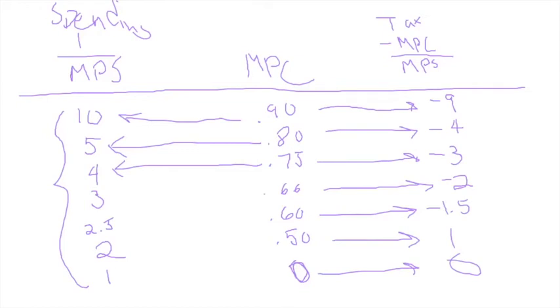The tax multiplier using the same marginal propensity to consume is always 1 less than the spending multiplier. If your spending multiplier is 10, your tax multiplier has got to be 9, and just make sure instead of +9, it's -9, because for them to work the same, it has to be the opposite.